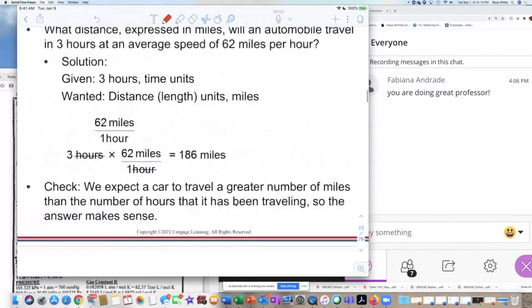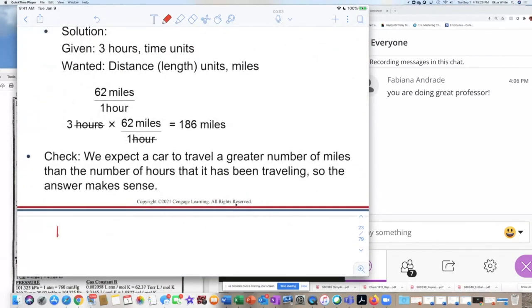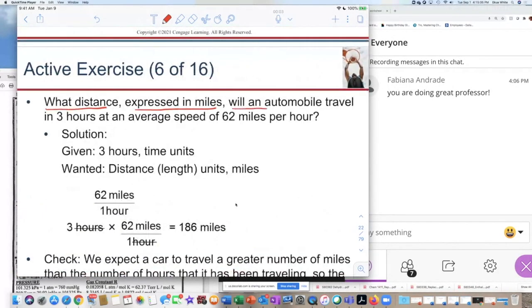We're told to express this in miles. So I'm going to write here, my wanted is some number in miles. I know it's a distance or a length. Will an automobile travel in 3 hours at an average speed of 62 miles per hour?